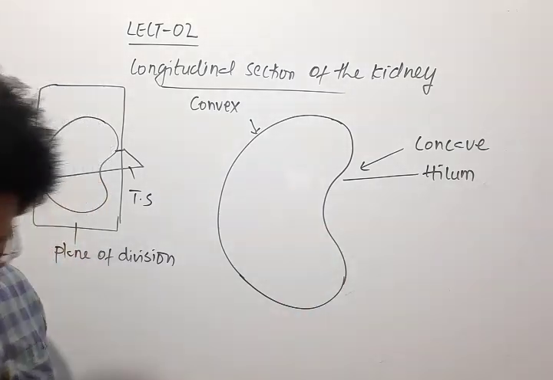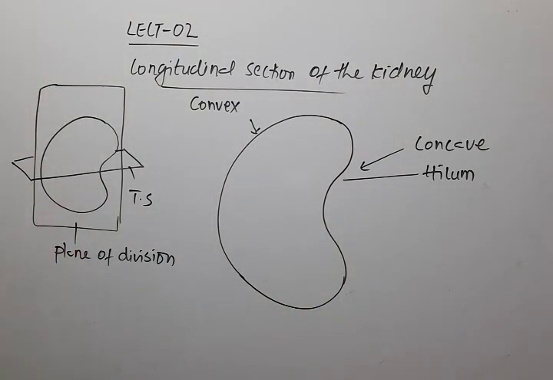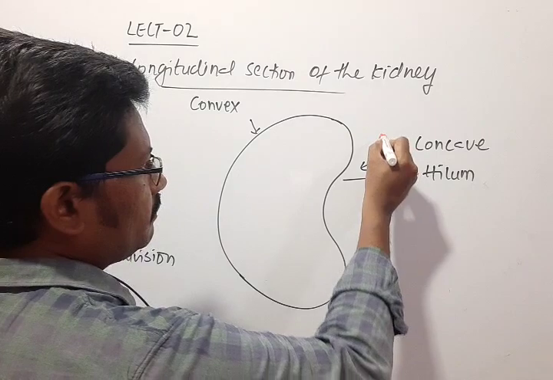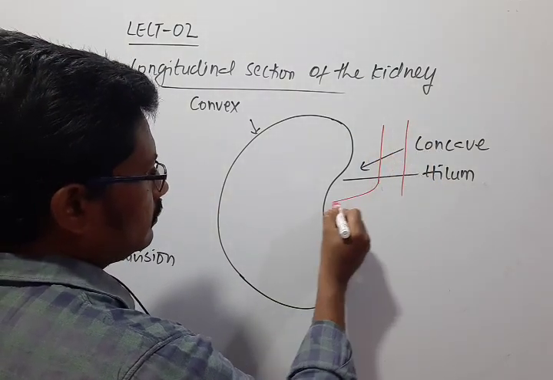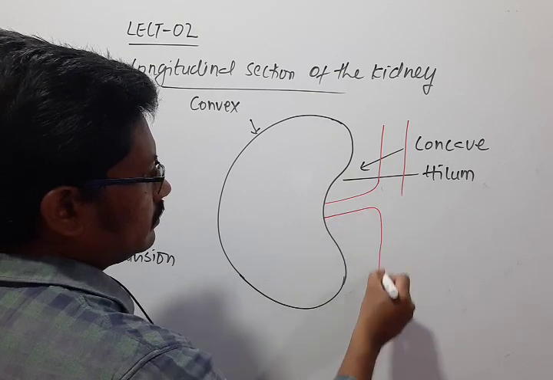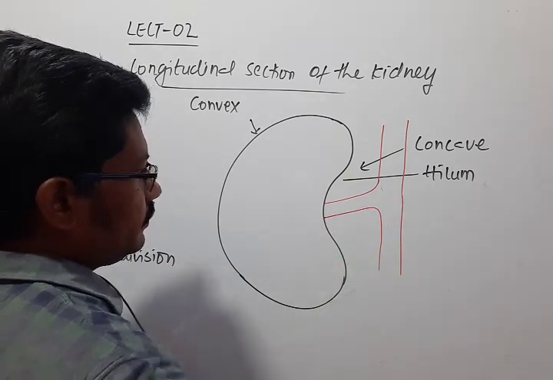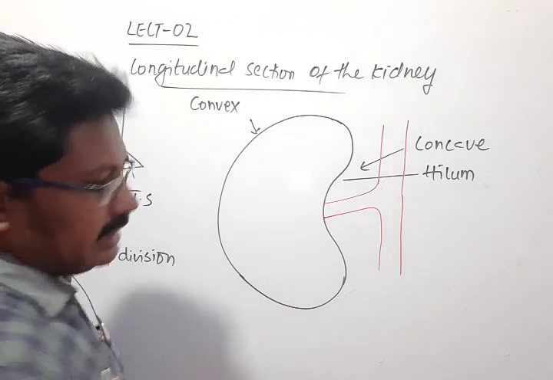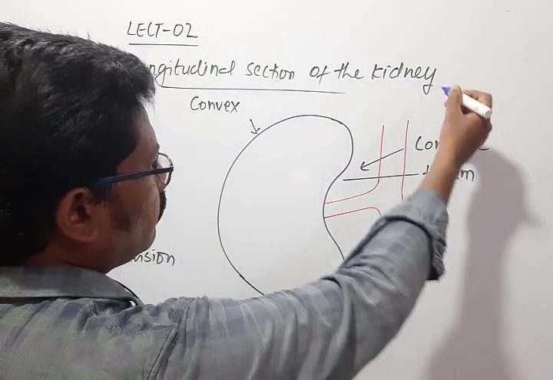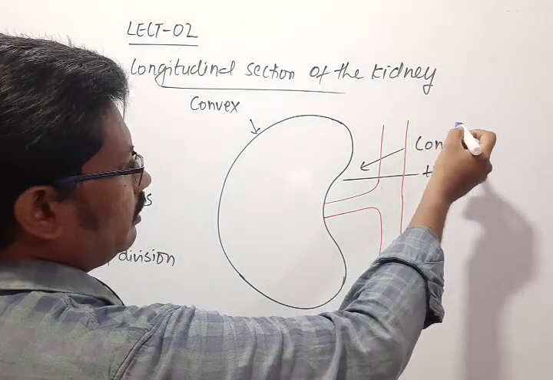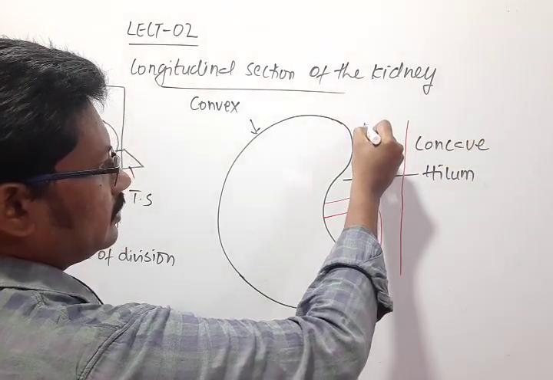Okay, and that's what I'll show here. So this is the renal artery, and the renal vein also you'll see.